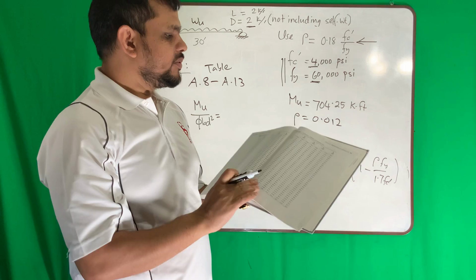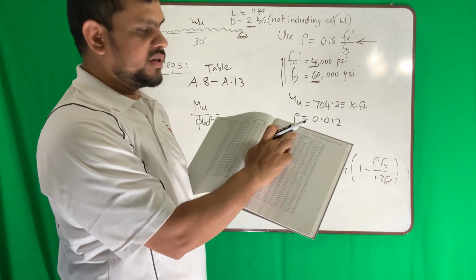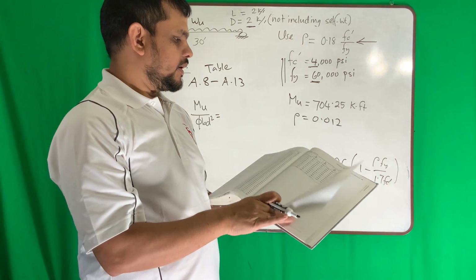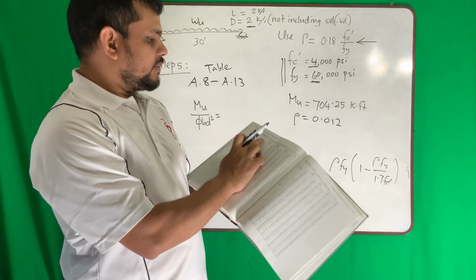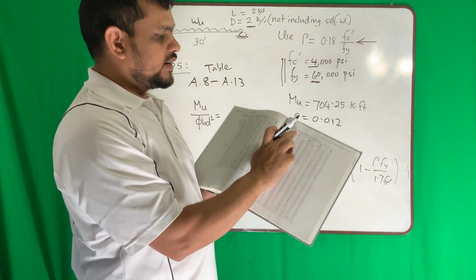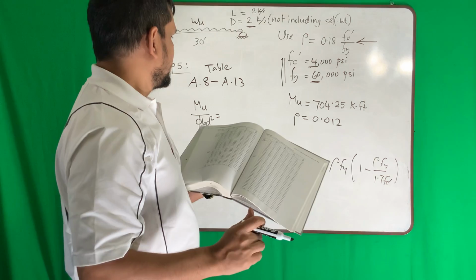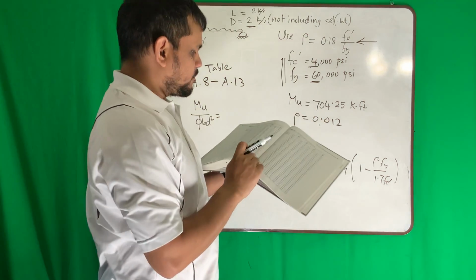That is not. Table A10, Fy 50,000, A prime C 3,000. No. Table A12, 60,000, 3,000. No. A13, 60,000, A prime C 4,000. Yes. Find row 0.0012.